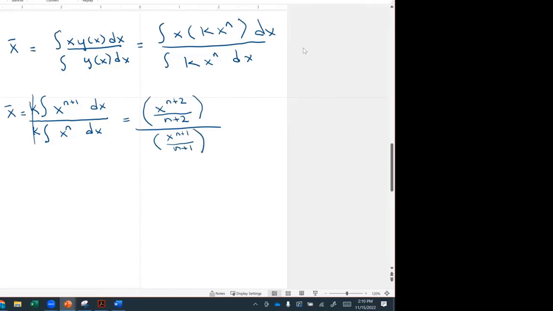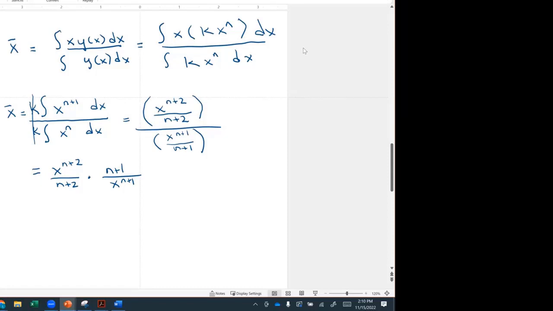And I can simplify this by saying this is x to the n plus 2 over n plus 2 times the reciprocal of the denominator, n plus 1 over x to the n plus 1.